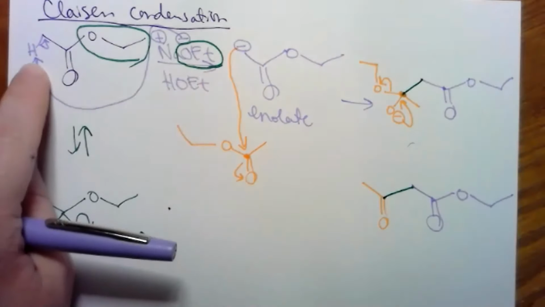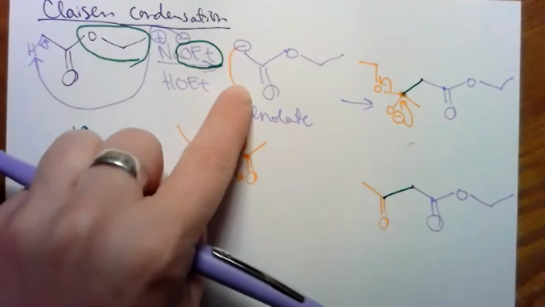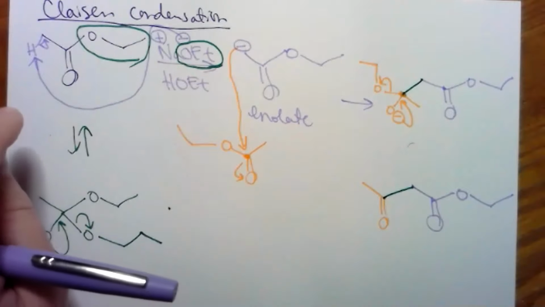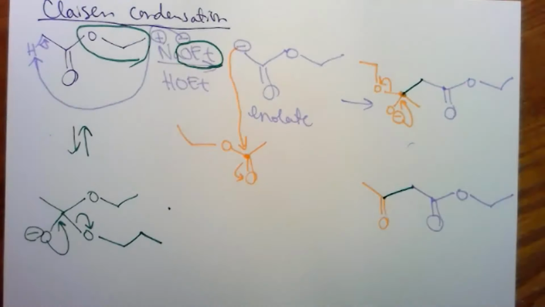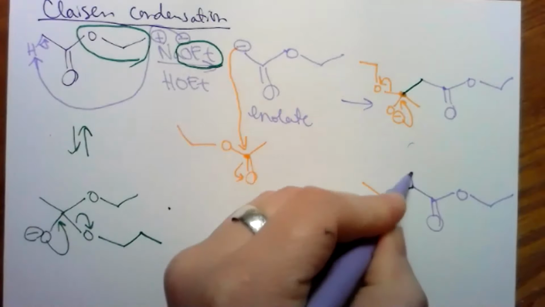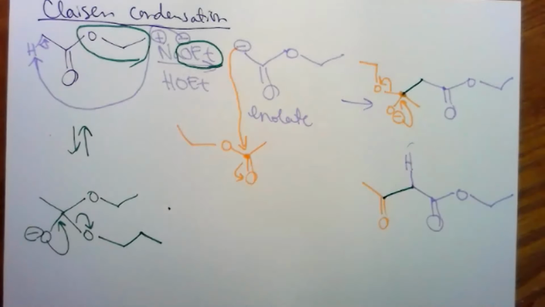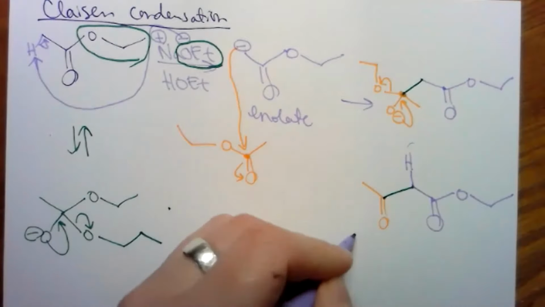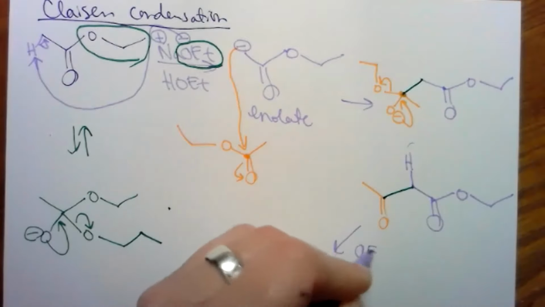Can NaOEt pluck an alpha hydrogen from an ester? Yeah. Does it favor products at equilibrium to make all enolate in solution? No. But can NaOEt pluck a hydrogen from betwixt 2 carbonyl carbons? Of course it can.